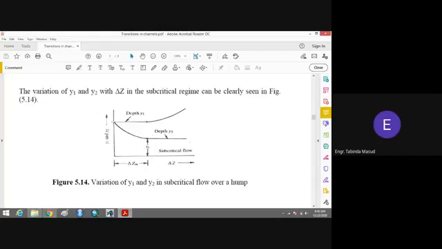when you install a weir, or when you install a hump on the channel? What will happen when water approaches the hump? Then over the hump, its depth of the flow will start decreasing. You are increasing the height of the hump, and you can see that the depth of the flow over the hump is decreasing.